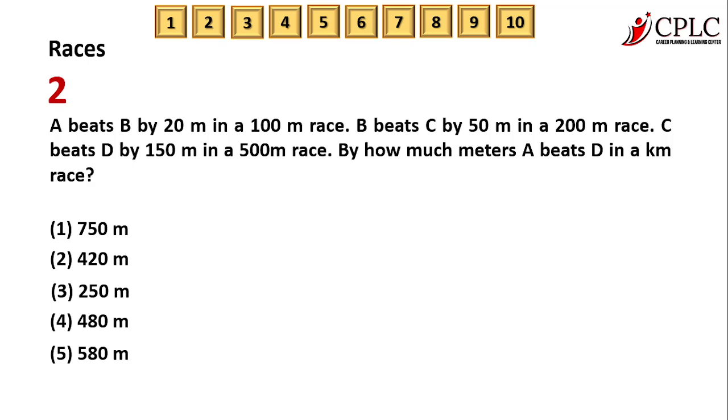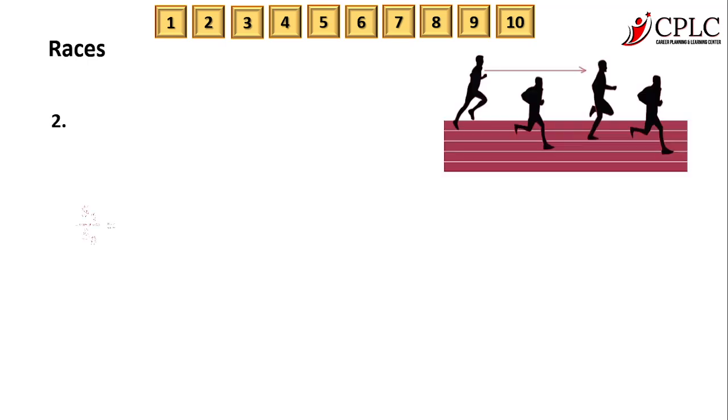When we say A beats B by 20 meters in a 100-meter race, we can calculate their distances. A covers the entire 100 and B covers only 80 meters because A is beating B by 20 meters. Then B beats C by 50 meters in a 200-meter race.